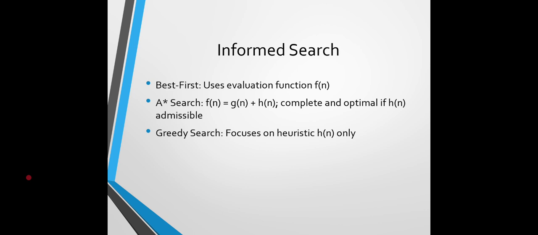The industry standard is A star search. A star uses the evaluation function f(n) = g(n) + h(n), combining the actual cost traveled, which is g(n), with the estimated cost, that is h(n). This balance makes A star complete and optimal, provided the heuristic is admissible, that is, it never overestimates the true cost to the goal.